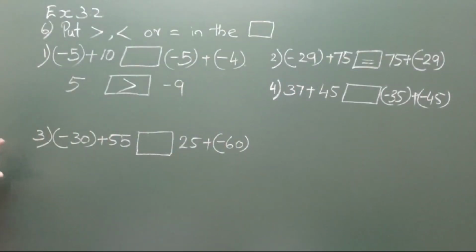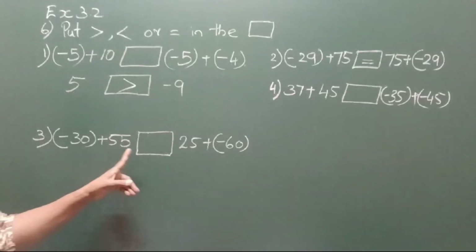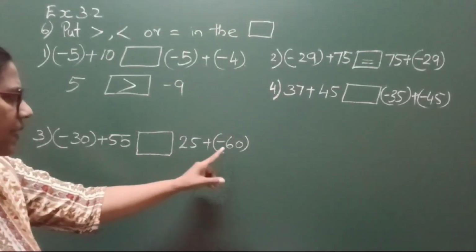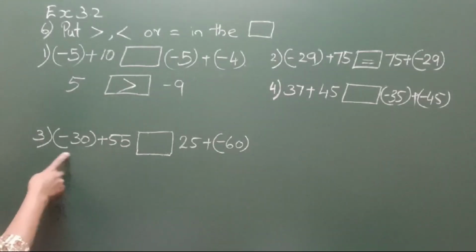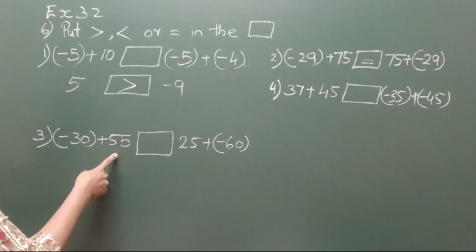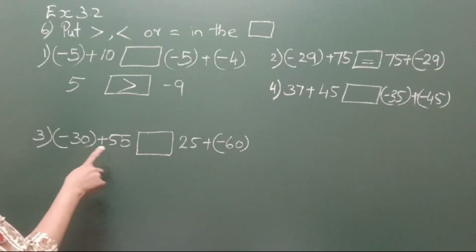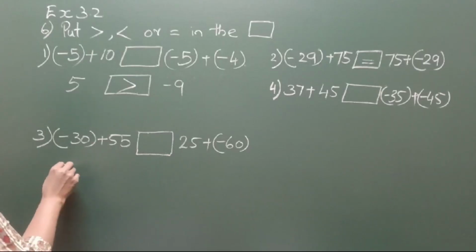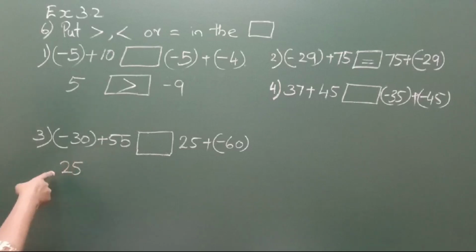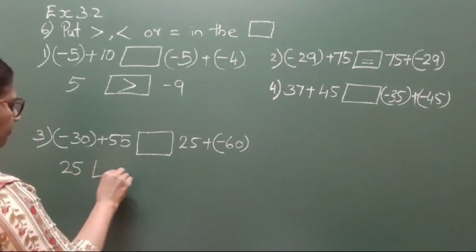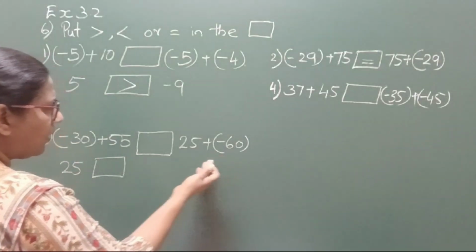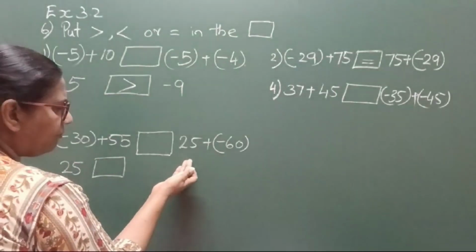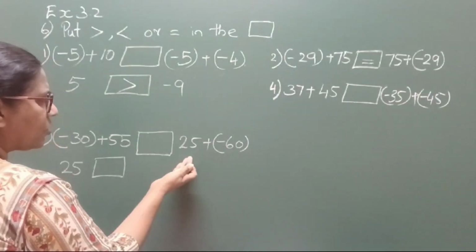Then the next question is minus 30 plus 55. Here 25 plus minus 60. Here, since two different integers, when we find the difference we get the answer 55 minus 30 is equal to 25. Greater number sign is positive. Then here two different integers, again we find the difference, 60 minus 25.